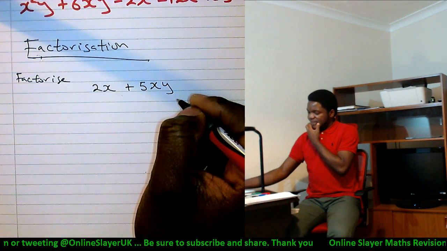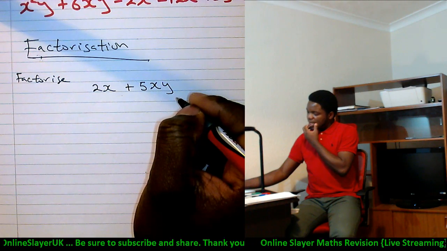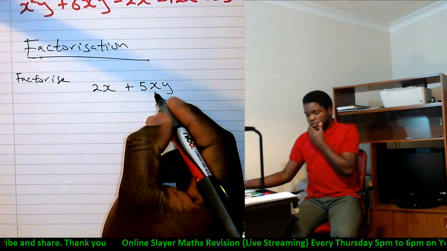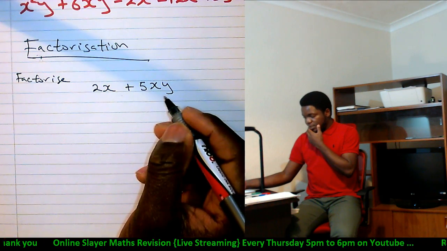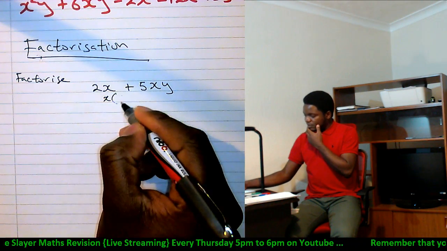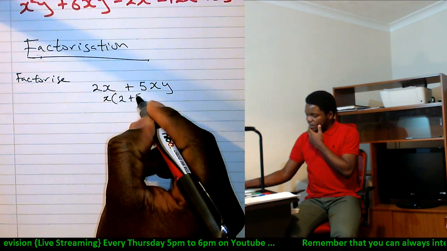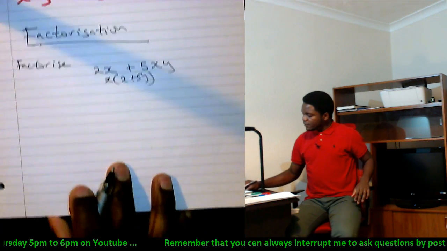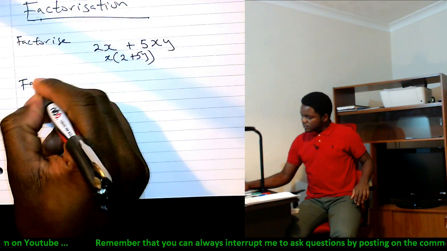Well, in this case, it looks like we have the other problem of simplification, where you just look at what's common to both of them, and that's x, right? So you can say, well, x is common, so x into 2 plus 5y, and you're fine. But what if you have a case like this?